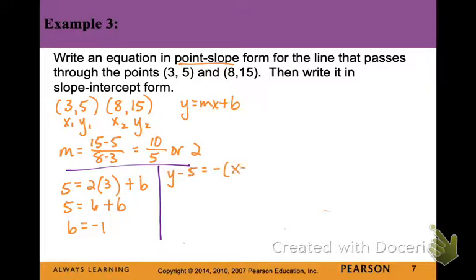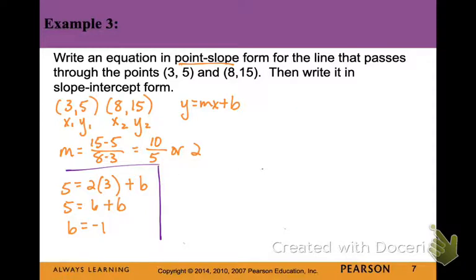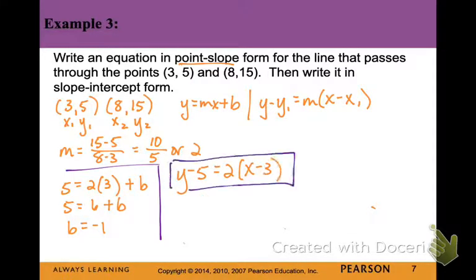Now in point-slope form, it's y minus 5 equals, well, you can see I made a little mistake. Can you find it? See how I did not put 2 in for the slope? I realized it because I was checking my work. So now I'm reminding myself of point-slope form, and there I've got the slope of 2 in.